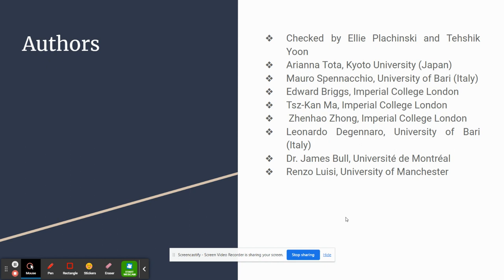Morrow was at University of Bari. Edward was at Imperial College in London. Another at Imperial College in London. Zong was at Imperial College in London. Leonardo was at the University of Bari. Dr. James Bull was at the University of Montreal. And Renzo was at the University of Manchester.